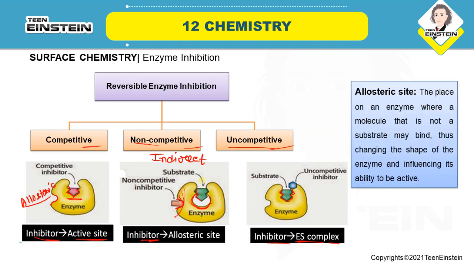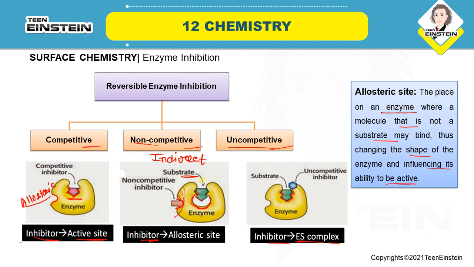Now the allosteric site, here we have the definition: the place on an enzyme where a molecule that is not a substrate, that is an inhibitor, may bind, and thus it changes the shape of the enzyme. As a result there is a direct influence on whether the substrate will be able to bind to the active site or not. So it is influencing its ability to be active.